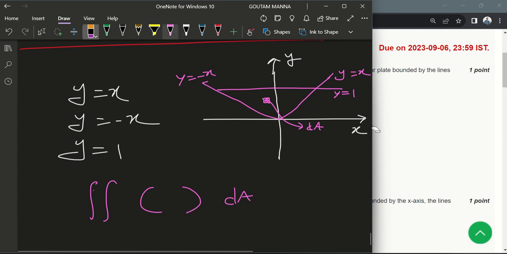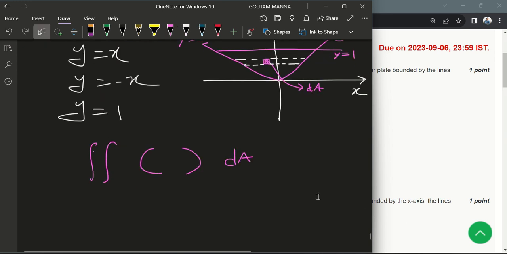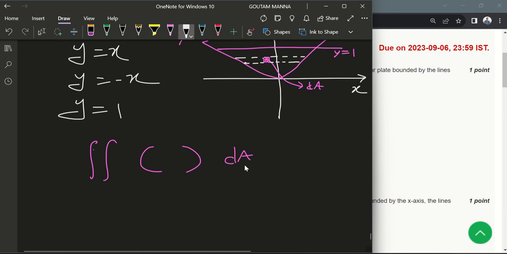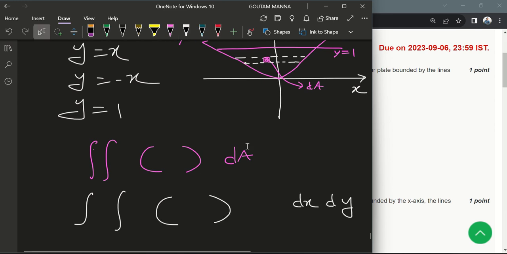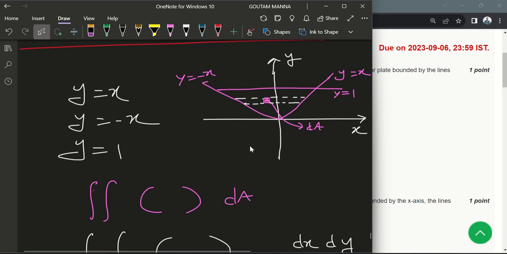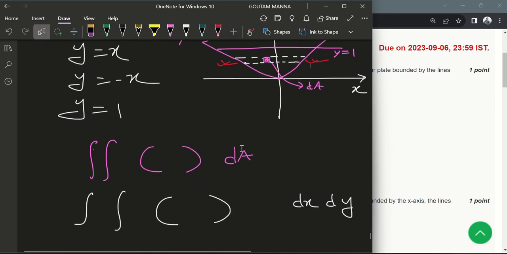If I do the x integration first, we take a small surface element dA and add them up along the x-axis. The x limit will go from this line to this line, that is, from minus y to plus y.